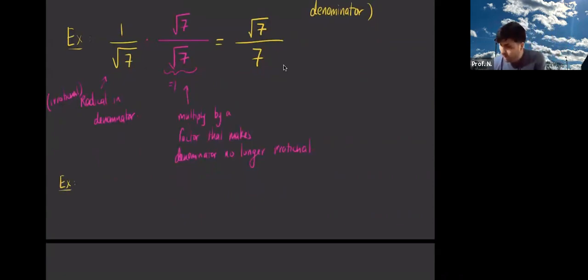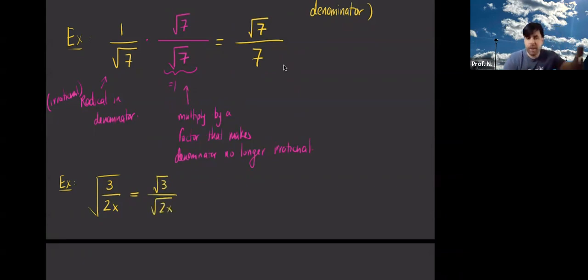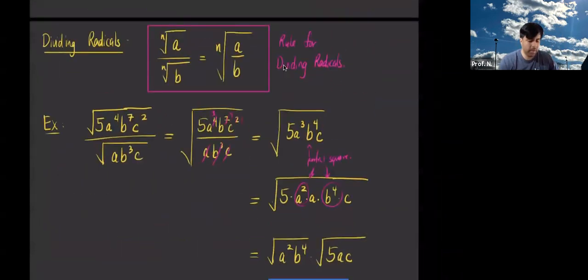So let's see more of this. For example, what happens if I get something like this? Look, rad 3 over 2x. What happens when I get this? Well, I'm going to use the fact that I can rewrite this as rad 3 over rad 2x. I can disassociate the radical as a fraction, right?